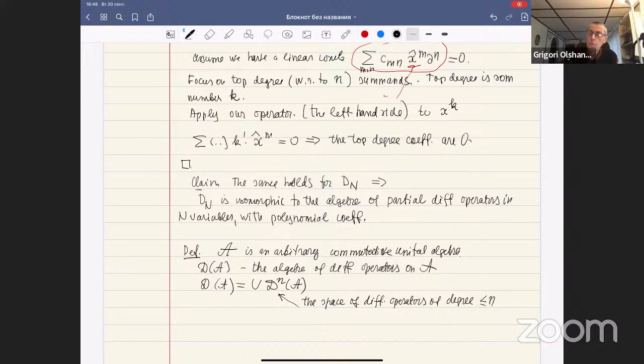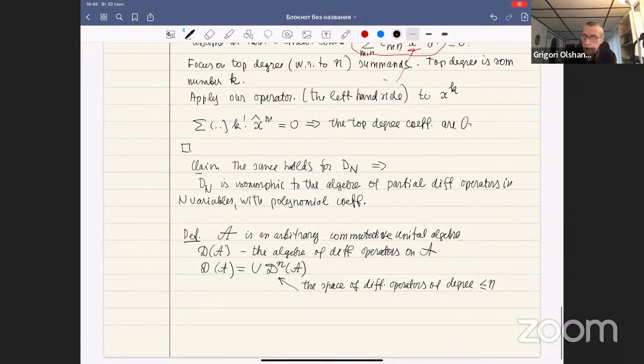And the definition goes by induction, a recursive definition. First of all, we define the zero component.